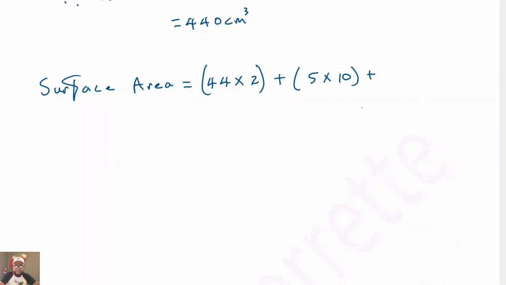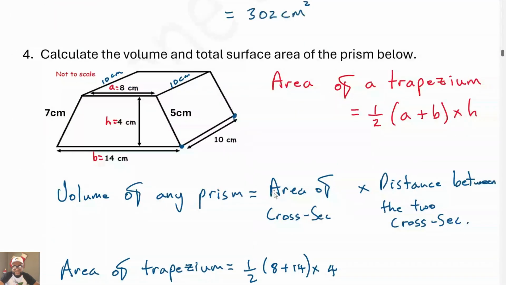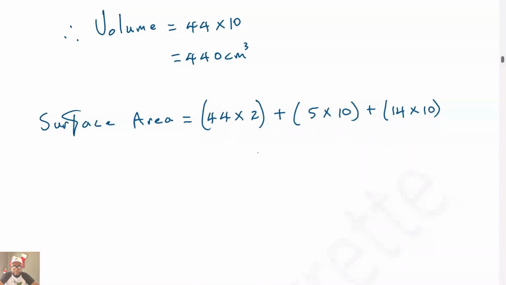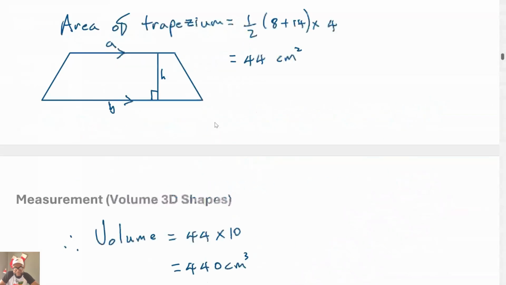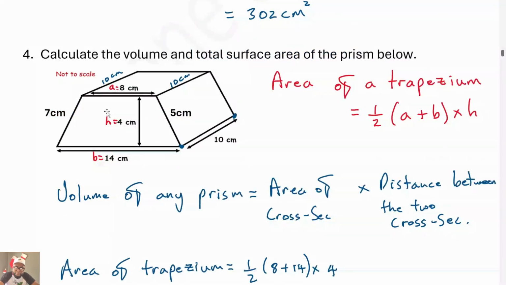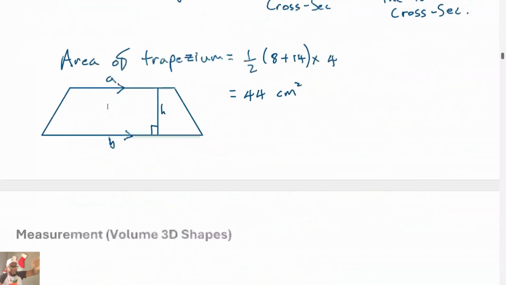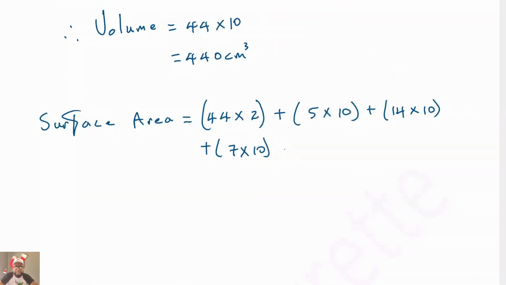Give me the next one. 14 by 10. 14 by 10 is underneath. Give me the next one. 7 by 10. Plus 7 by 10. That's behind. 7 by 10 is behind. Last one. 8 by 10. 8 by 10 is the one on top.